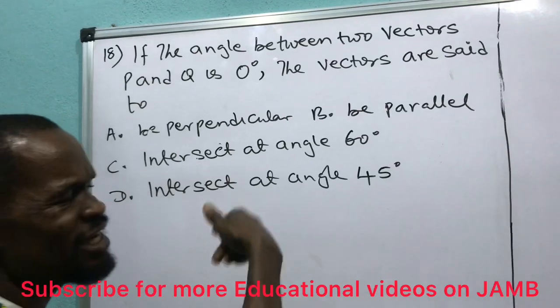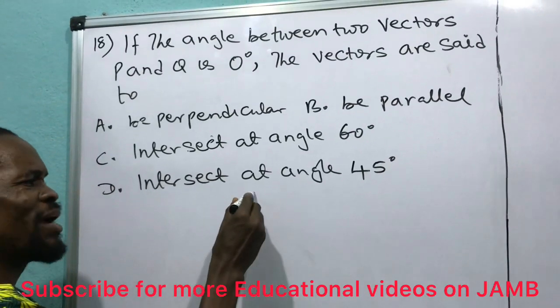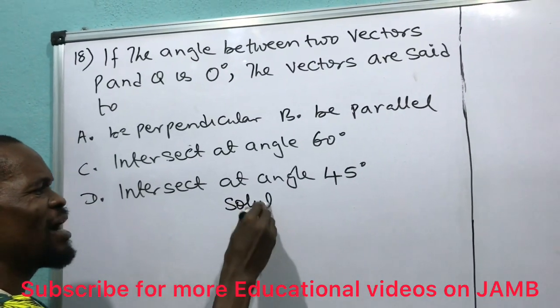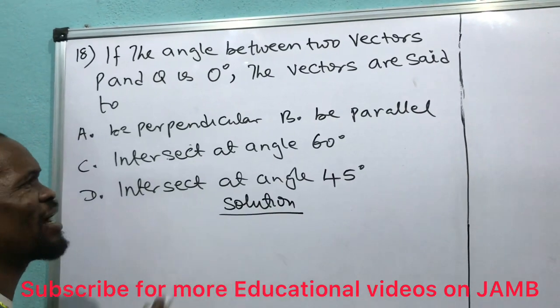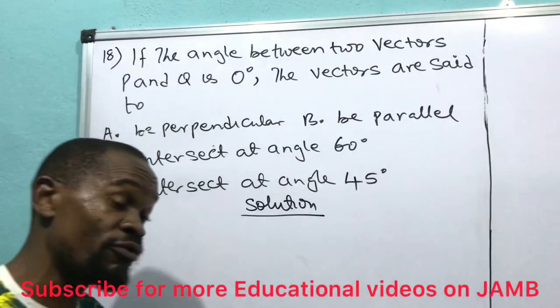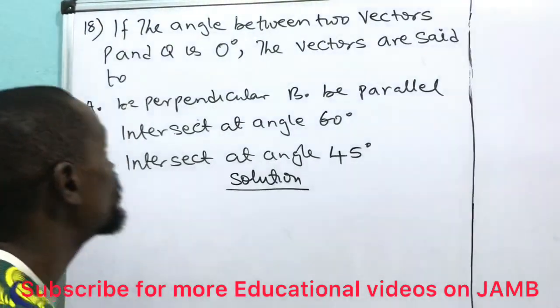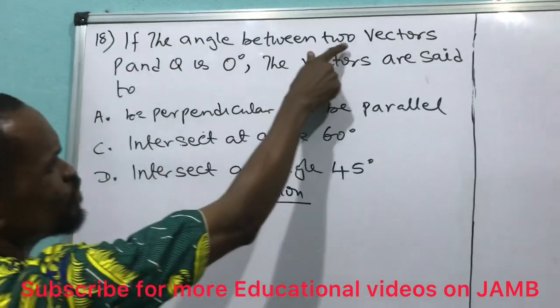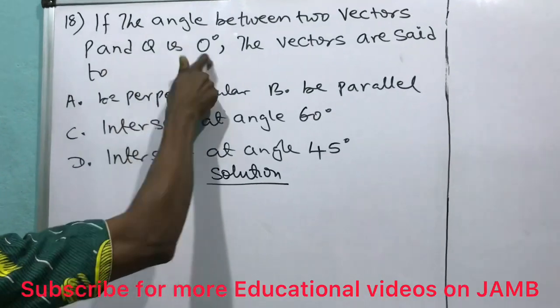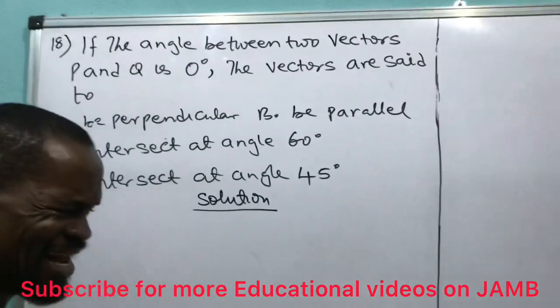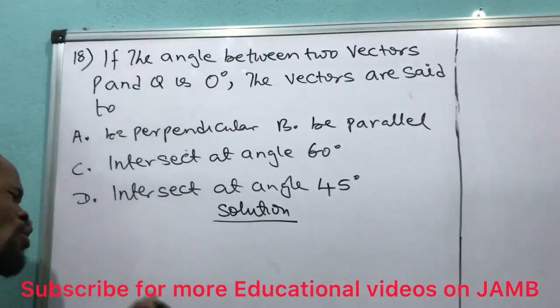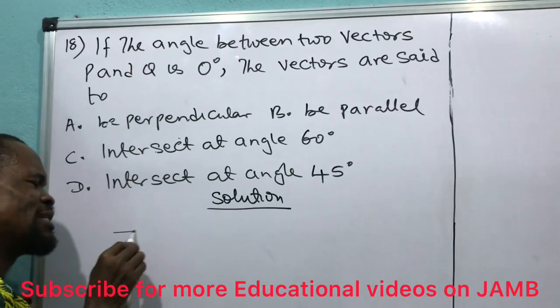We have mentioned this in the previous question we answered, question number 17. We talked about the condition for two vectors to have a 0 angle. If the angle between two vectors P and Q is 0, it implies that they are parallel to each other.